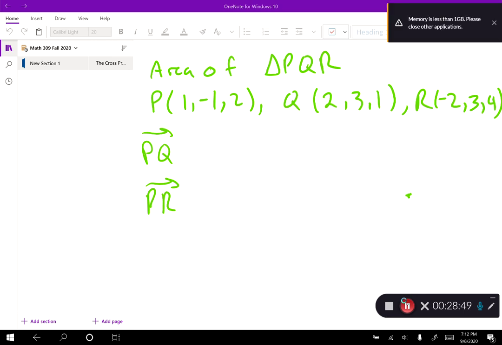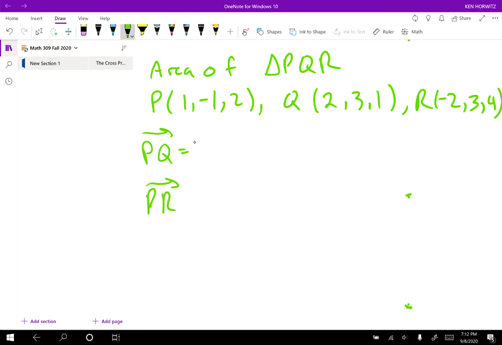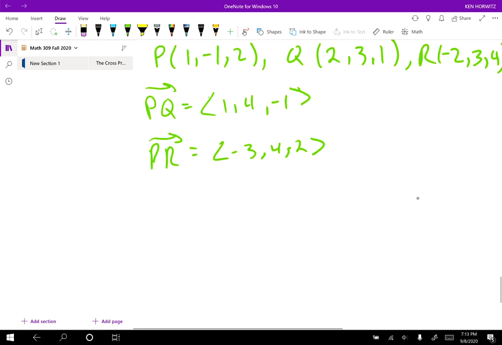All right, so hopefully you got vector PQ as 1, 4, -1 and vector PR as -3, 4, 2. If you didn't, go back and see how you take points in space and turn them into vectors. But now we have to find the cross product.